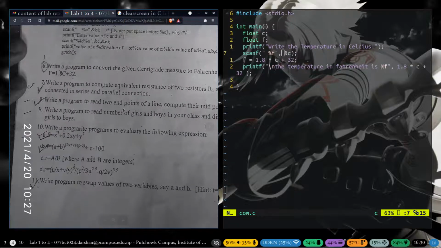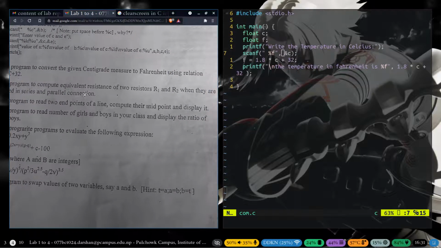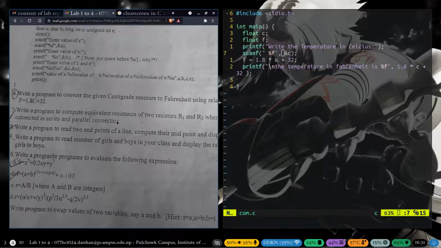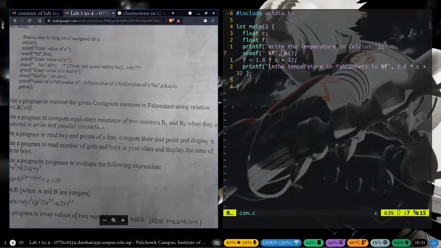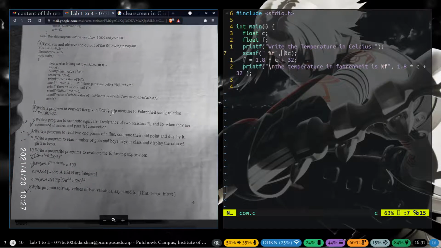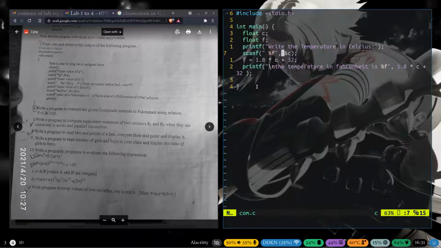Right. 11 programs. Convert the given centigrade measure to Fahrenheit using the relation. Oh shit, man. The temperature in Fahrenheit is F, 1.8 times C plus 32. Why isn't it working?